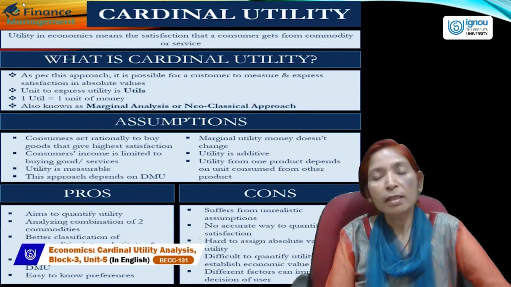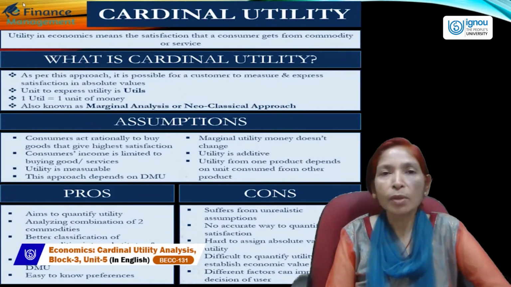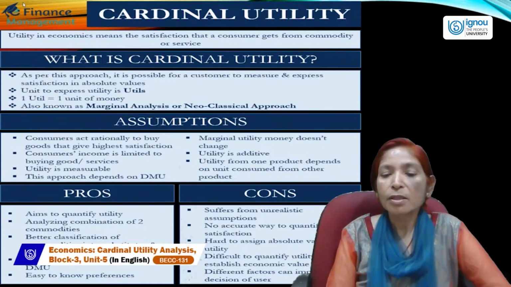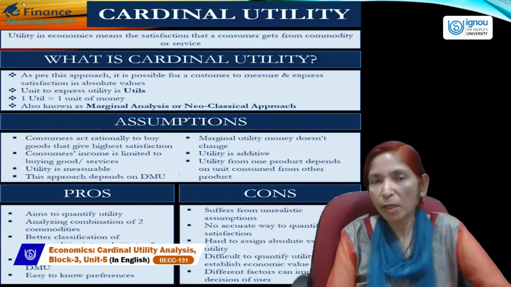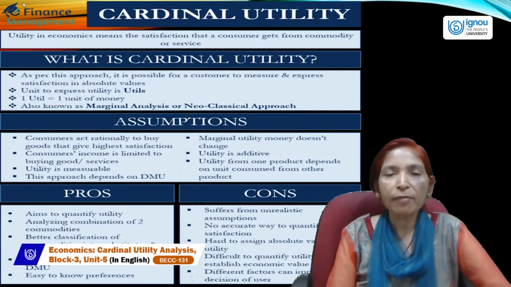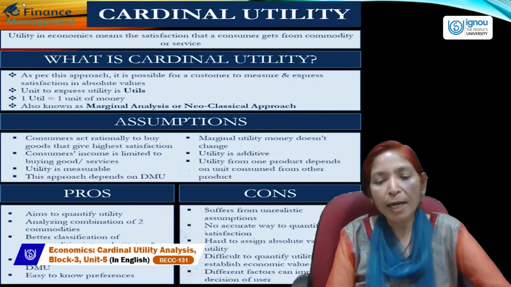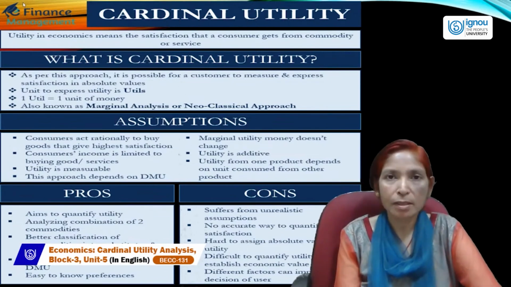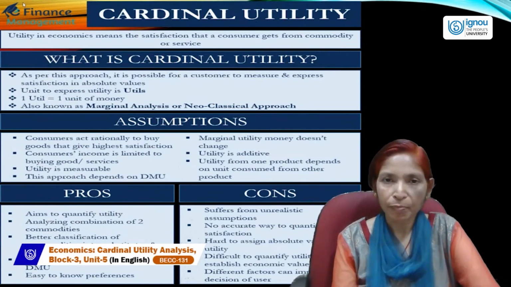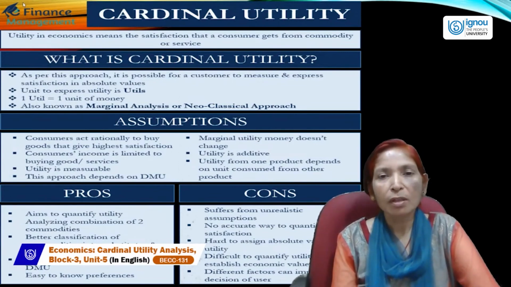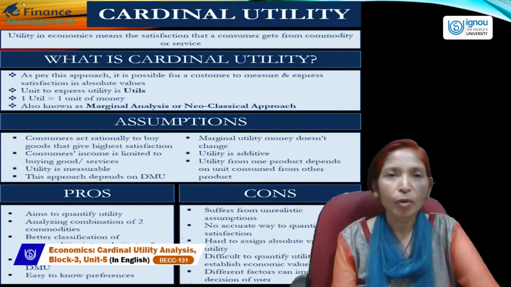Next, it is hard to assign an absolute value to utility. Next, it is difficult to quantify utility to establish economic value, and different factors can impact the decisions of users. These are the cons of utility analysis theory, which is based on the cardinal utility approach.